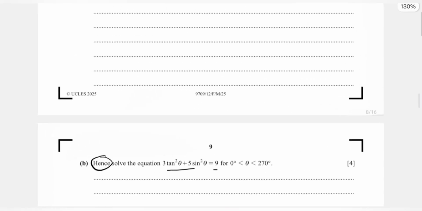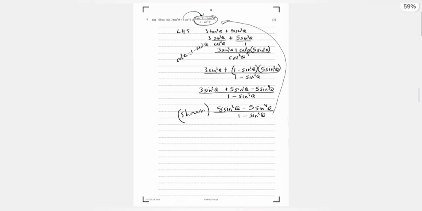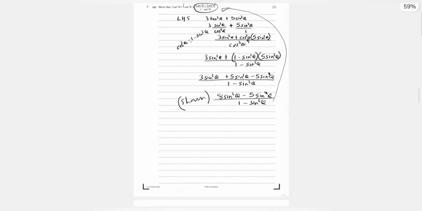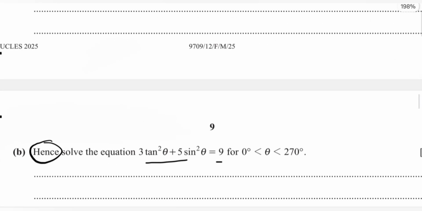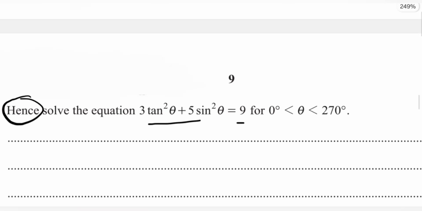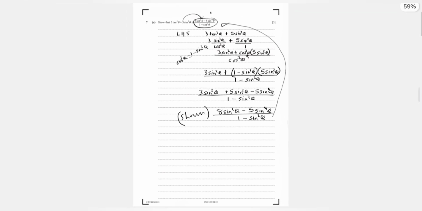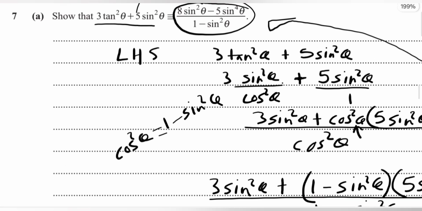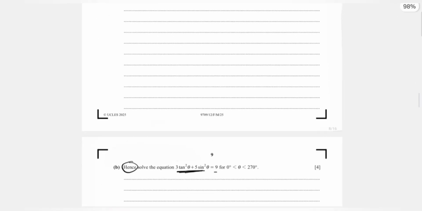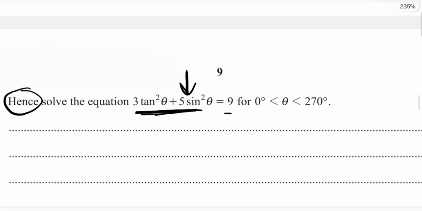But looking at this, we can see that it's, wait, let's check. It is part of this, right? 3 tan squared theta plus 5 sine squared theta. We have it there. It's what we have right here.